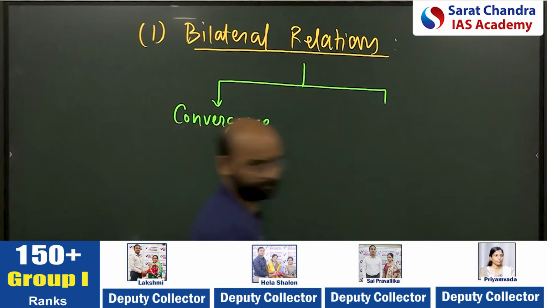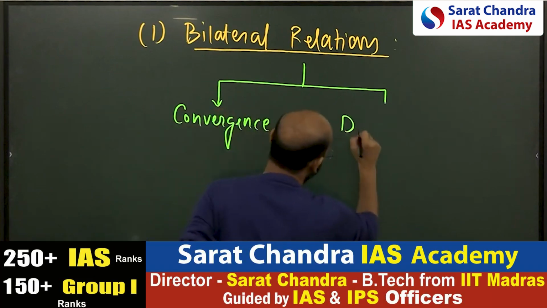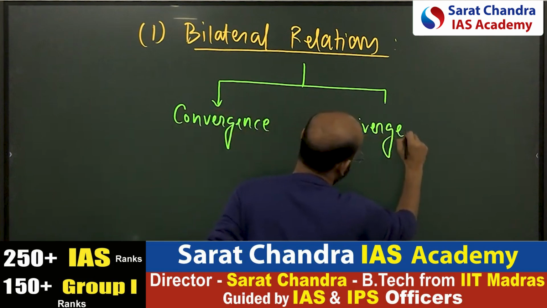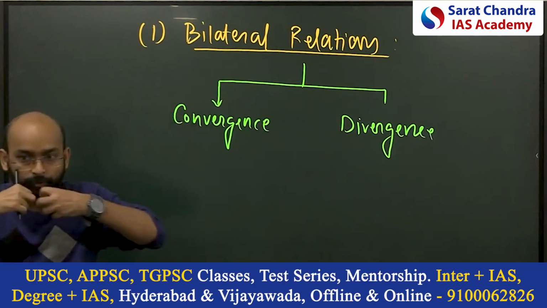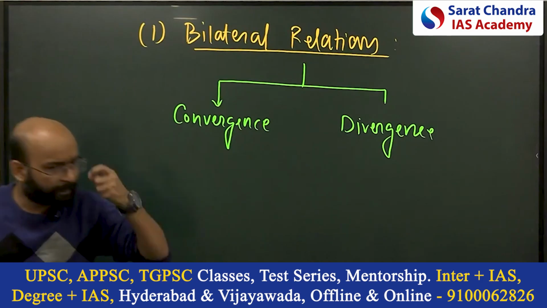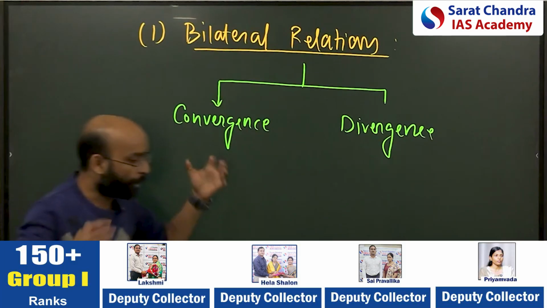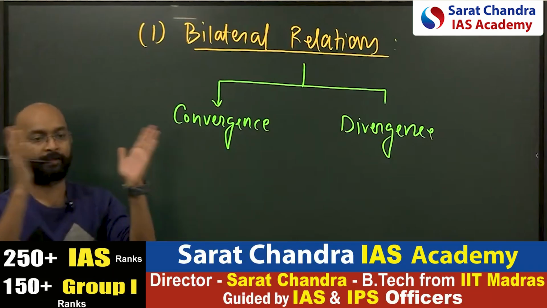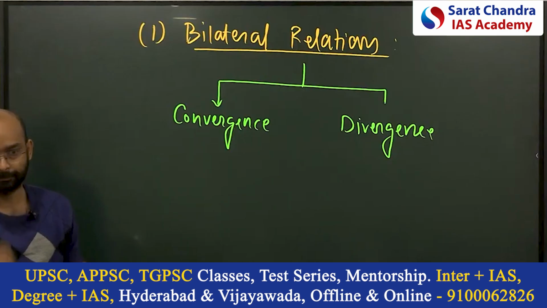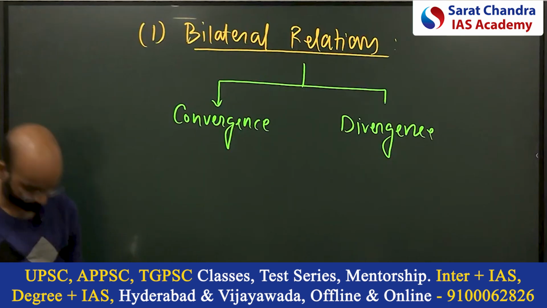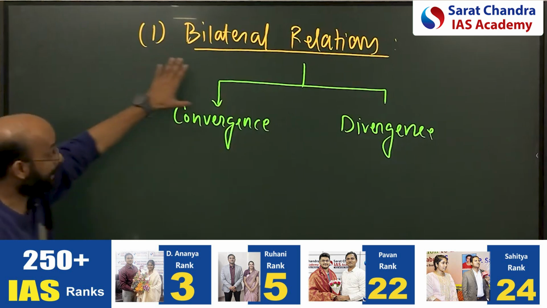But every relation, from Russia to China to US, India has some divergence. Isn't it? Russia has some interest, India has some interest. So there is some divergence. Every bilateral relation, you have to see from this point of view: the point of convergence, the point of divergence.